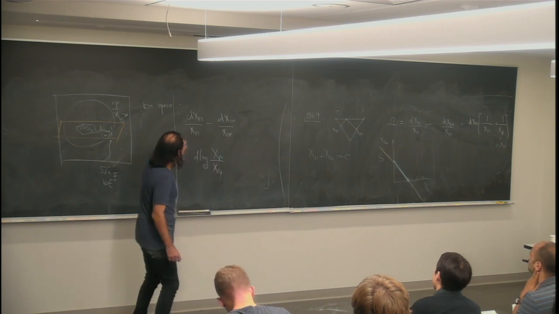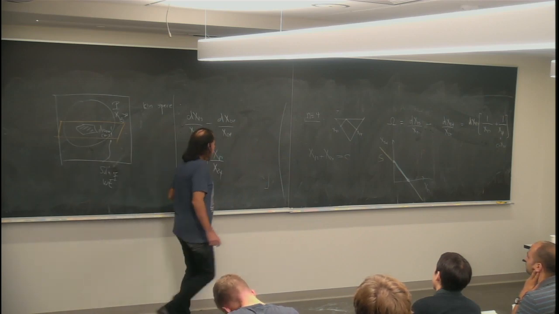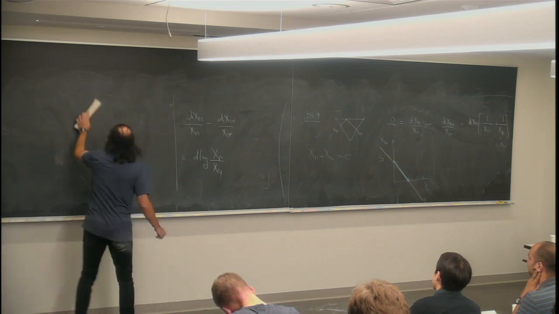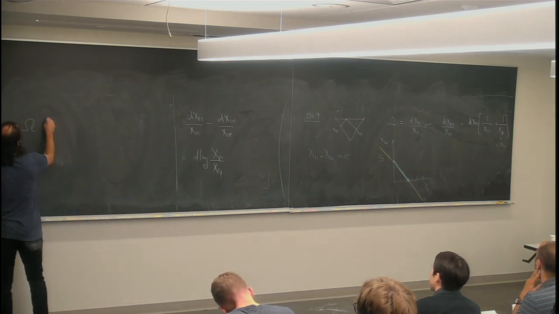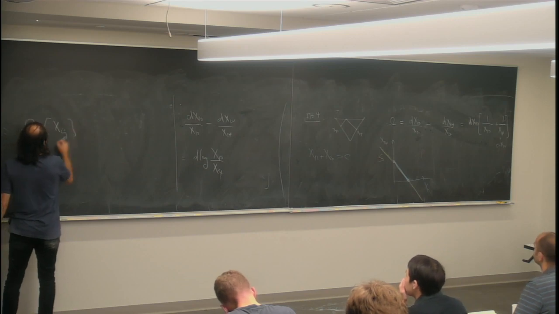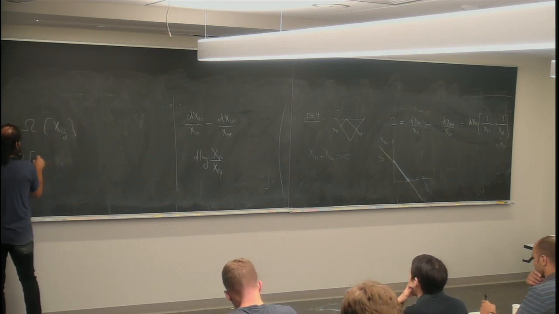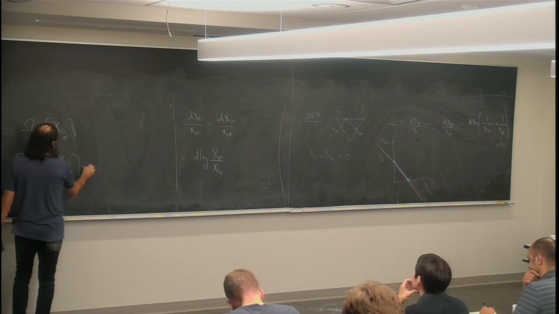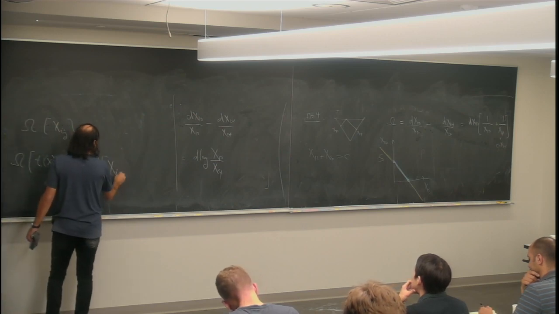In other words, having a form be defined on the projectivized space means that omega satisfies that if I take omega of the x's and I look at omega of any local rescaling, any t of the x's times the x's, it is equal to omega of the x's.